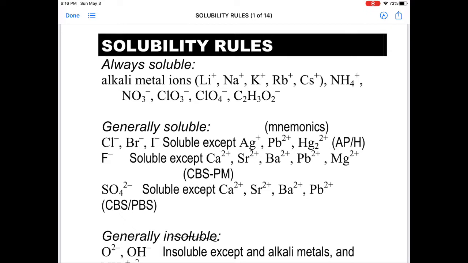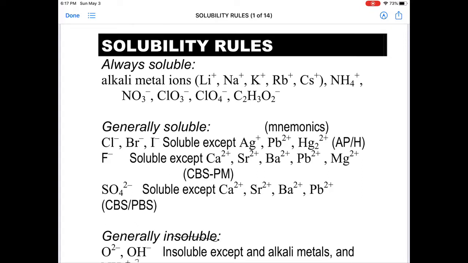Generally soluble means that they could be soluble, they're mostly soluble, but there are some exceptions. So chlorides, bromides, and iodides are always going to be soluble unless we have silver, lead 2, or mercury 1, and then they won't be soluble.